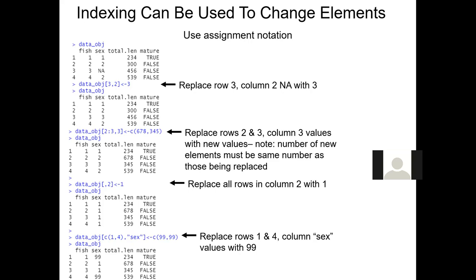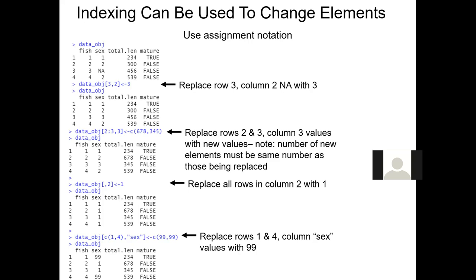And then if we go down below, the next example, we have a data object with the brackets. And you'll notice to the left of the comma, which specifies the rows, it's blank. This is how you would specify that you wanted to substitute the values within all the rows of a particular column.